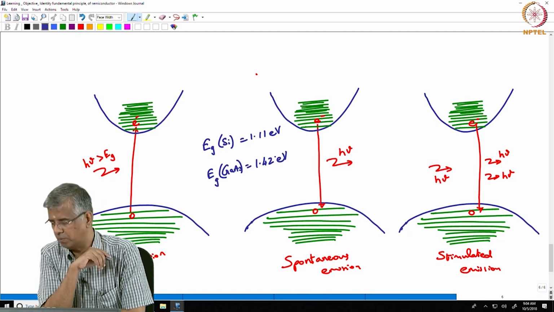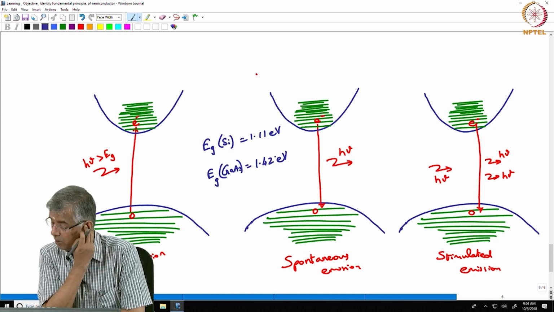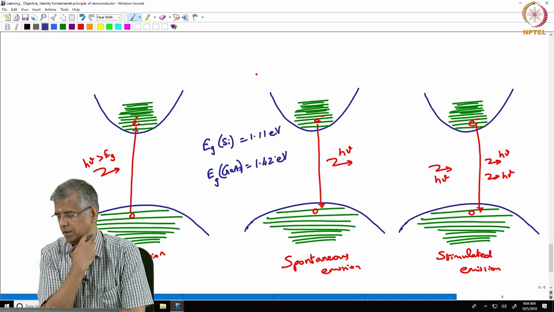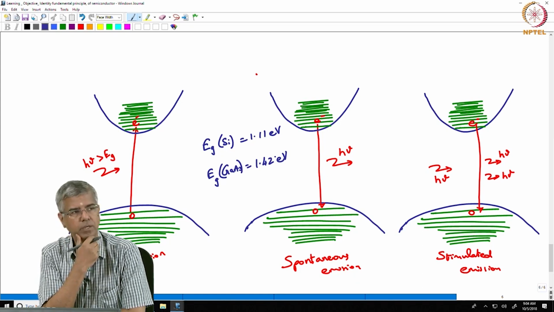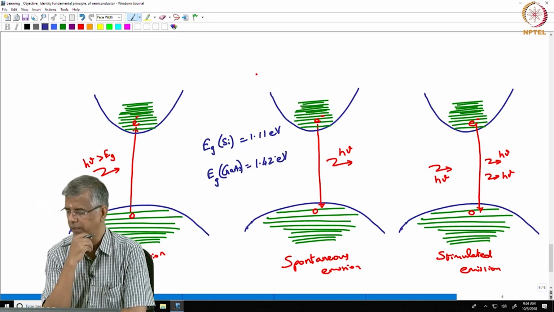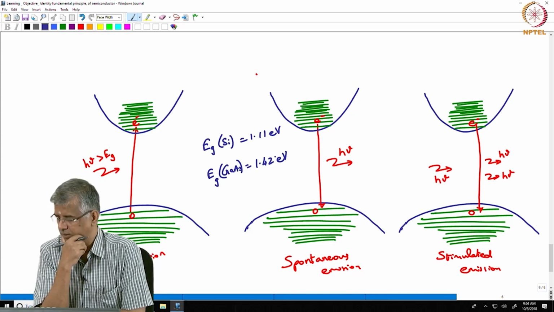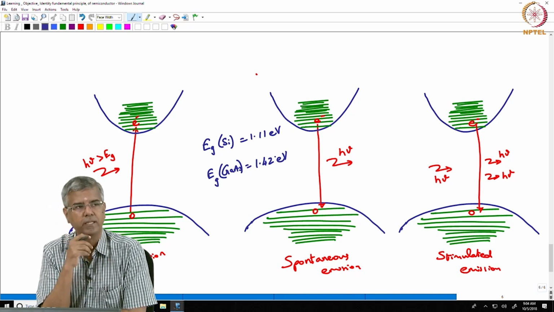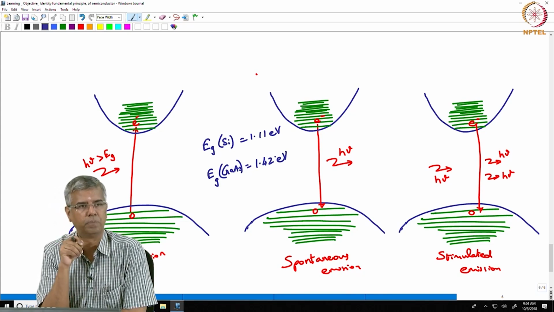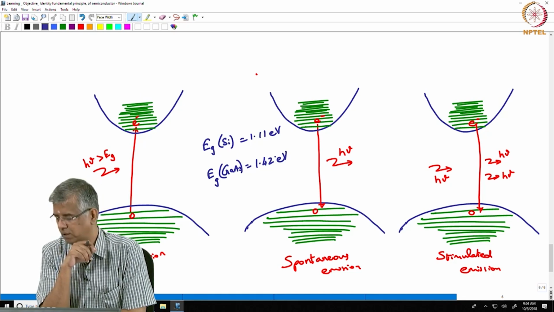So, if you come in with a photon with energy greater than the band gap energy, and at those corresponding energy levels you have an electron and a hole, then you can actually have stimulated emission. Okay. For example, I should emphasize the fact that there should be an electron and a hole present at those energy levels.